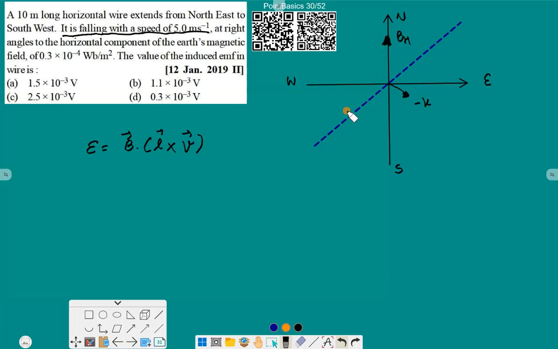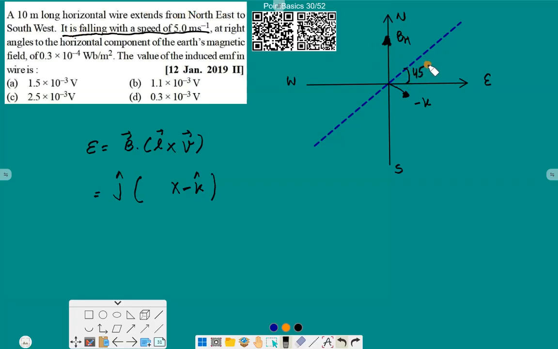Magnetic field we can say is in the y direction. If we write the directions, magnetic field is in positive y direction, so we can say J. Our velocity is in minus k direction. So for induced EMF, our length needs to be in the x direction. As it is already mentioned that the wire is at northeast and southwest, it makes an equal angle with both of these sides.